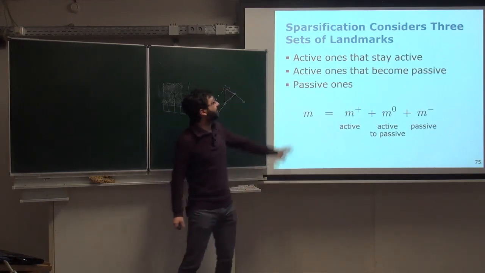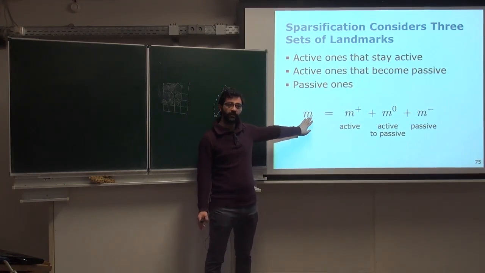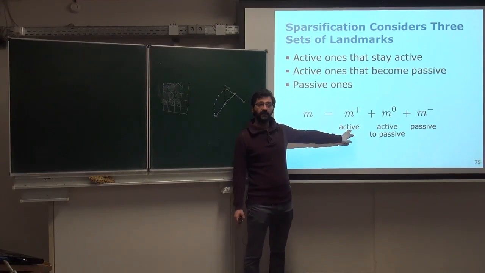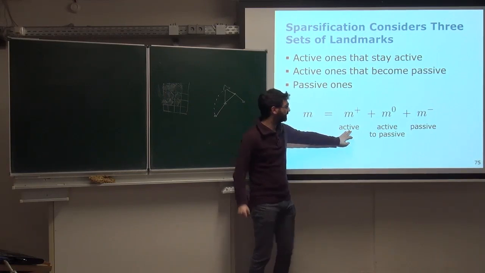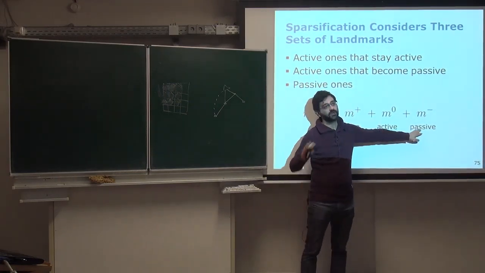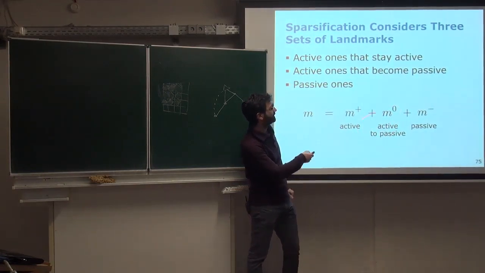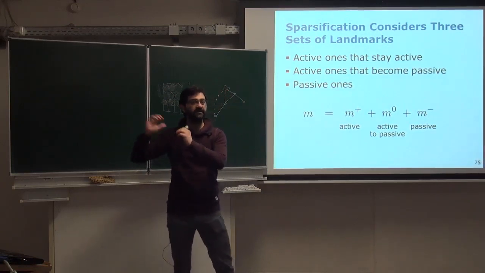We can now decompose the set of landmarks that we have, so our map, into three sets, okay? The active ones, we discussed them already. These are the landmarks that are observed right now, and the few selected ones that are kept active while the robot is moving. We have the passive landmarks, which are all the rest. And now we have another set of landmarks, which are the ones that were active at some step, and then they become passive at the step after that.